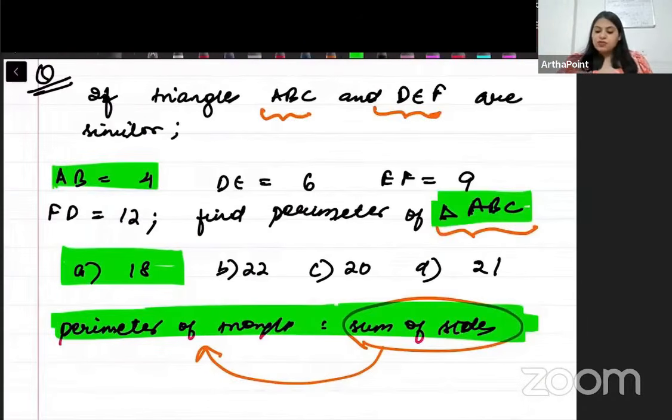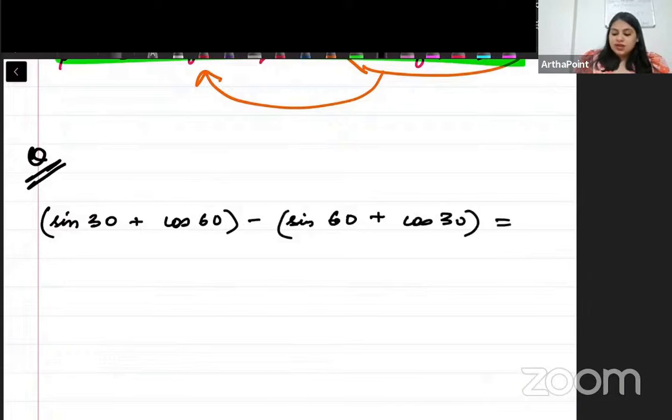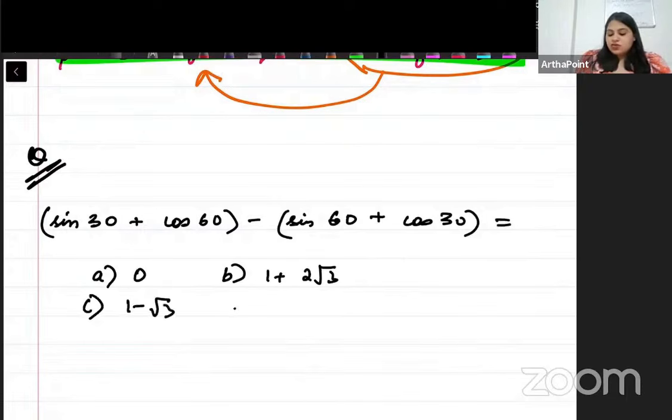Now, beta, let me give you some practice questions from trigonometry. Please try to do these questions. The first question: sin 30 plus cos 60 minus sin 60 plus cos 30 is A) 0, B) 1 plus 2√3, C) 1 minus √3, and D) 1 plus √3.